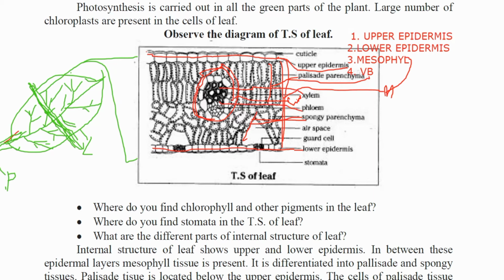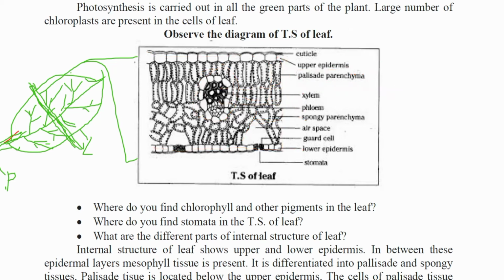Now once again, have a clear glance at this structure. Now I will explain clearly. This is the transverse section of the leaf.